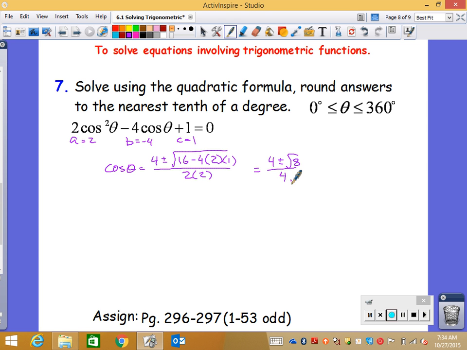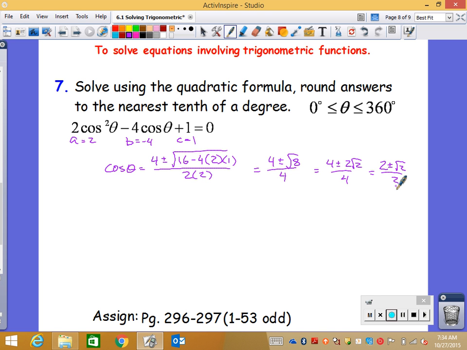Well, 8 is 2 times root 2. So we get 4 plus or minus 2 root 2 over 4. And I can factor out a 2 from all of these. So I end up getting 2 plus or minus root 2 over 2. So cosine theta is 2 plus or minus root 2 over 2. Well, we have two possible solutions here, when it's plus, when it's minus.